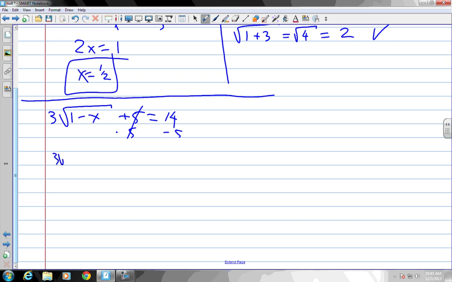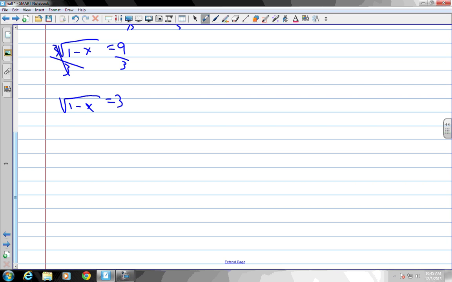So that's 3 times the square root of 1 minus x equals 9. And divide both sides by 3. So the square root of 1 minus x equals 3. Is that okay? So that's our first step, the isolation of the radical.